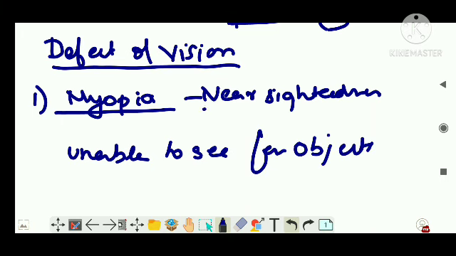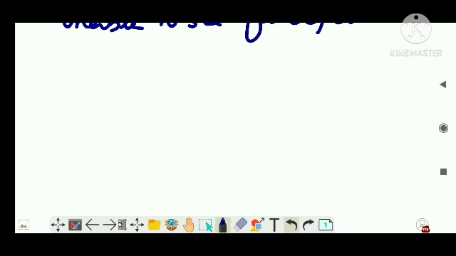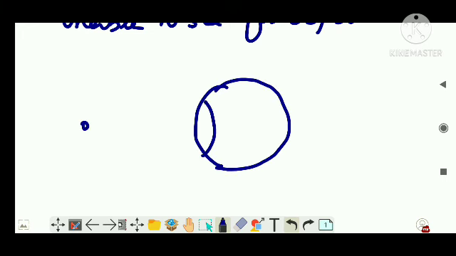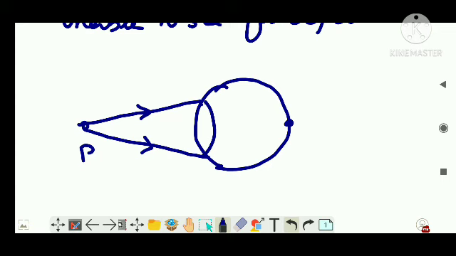You can easily understand: nearsightedness means I can see near things. Let's draw it pictorially. This is your eye, and this is your lens. This is the object P. The light rays fall like this, and this is your retina where you are supposed to have the image, but the image is formed before the retina.